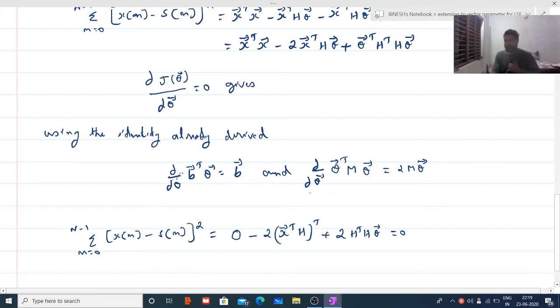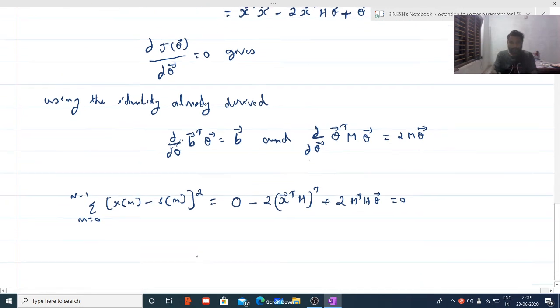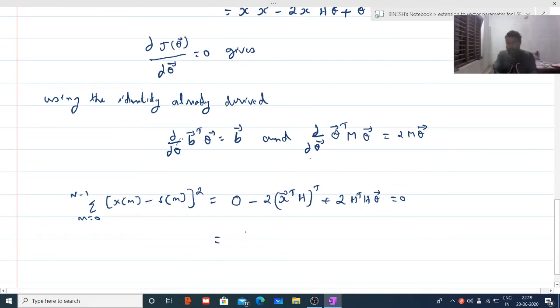Clear? 2 h transpose, plus, so what happens, this I can make it as equal to minus 2 of x transpose h the whole transpose plus, any mistake there? No, 2 into x transpose h theta.